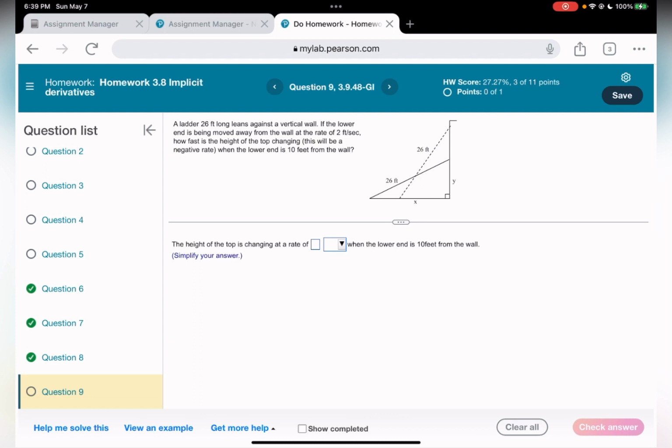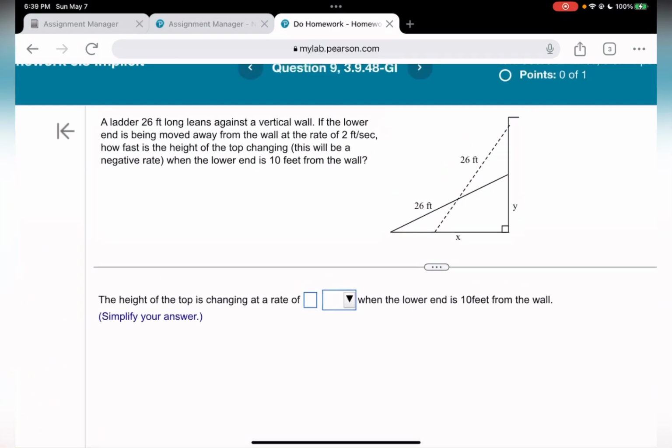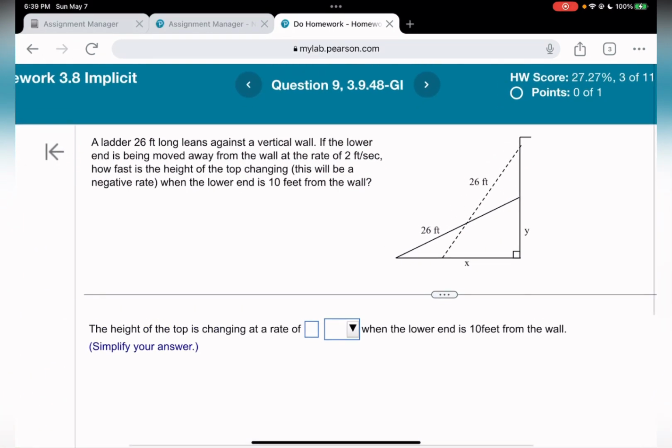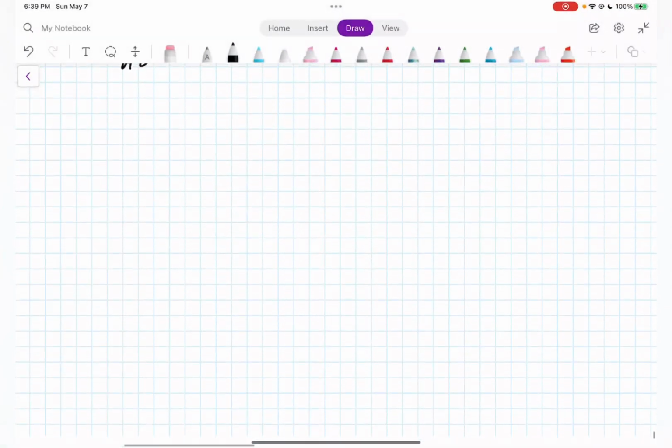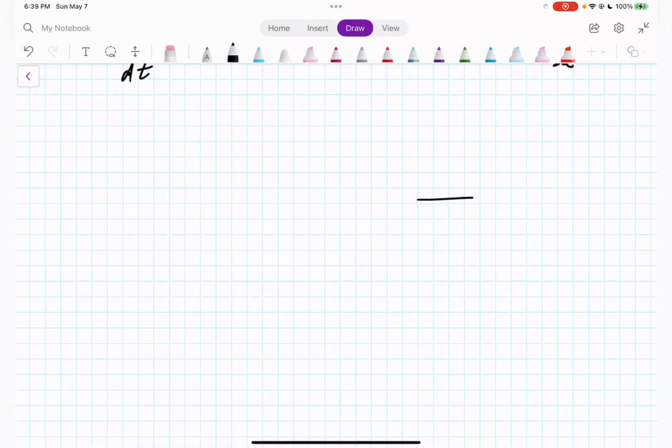All right, so what do we have here? A ladder 26 feet long leans against the vertical wall. Okay, we see that. Here it is, 26 feet.